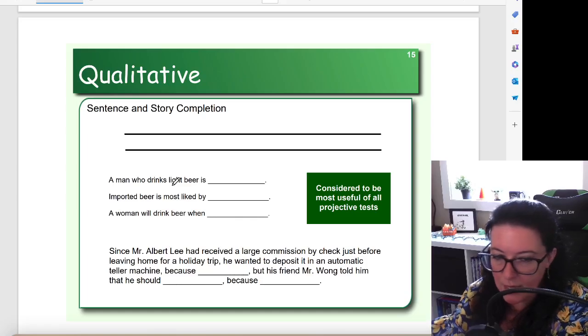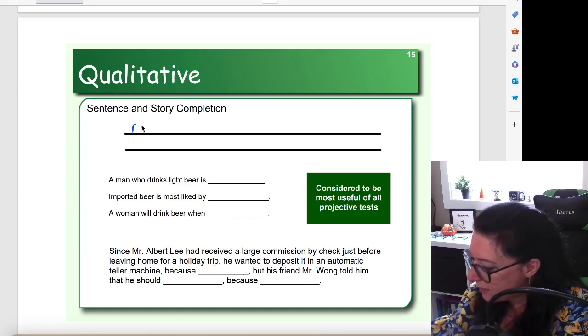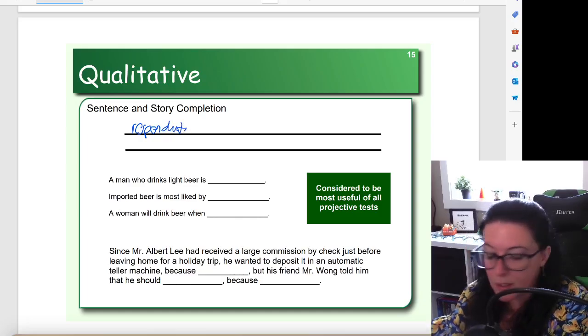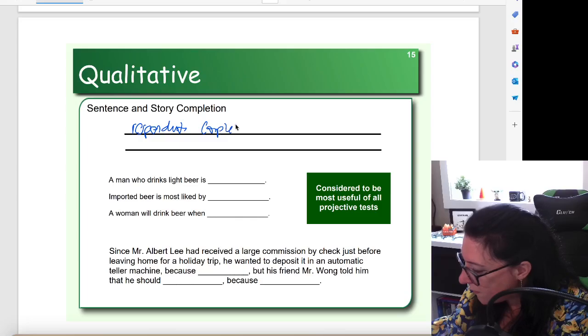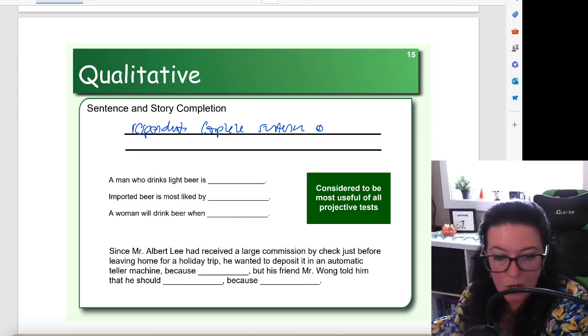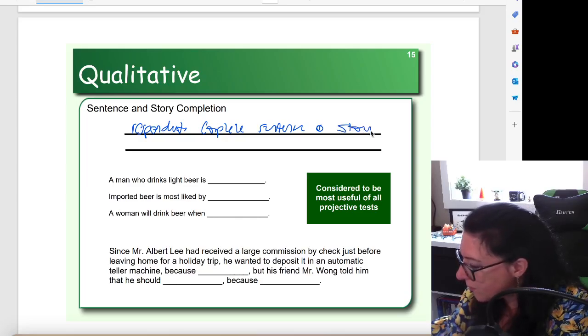So in this case, as it says, respondents complete a sentence or story in their own words.